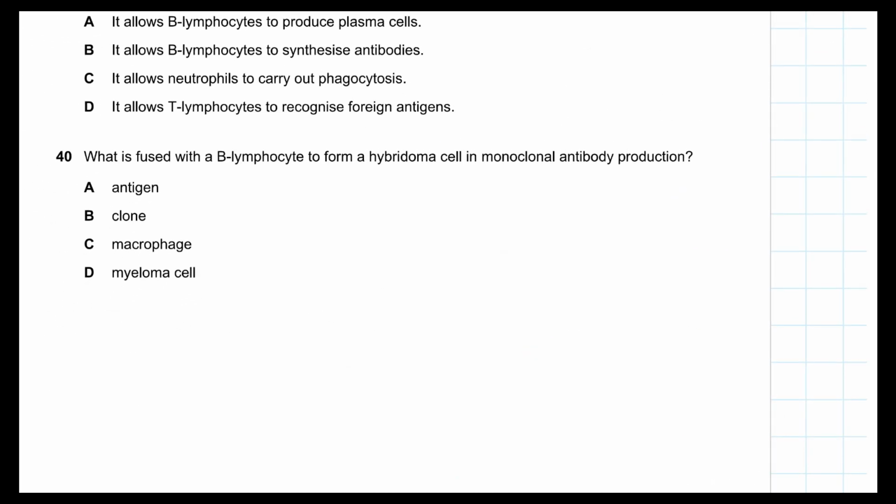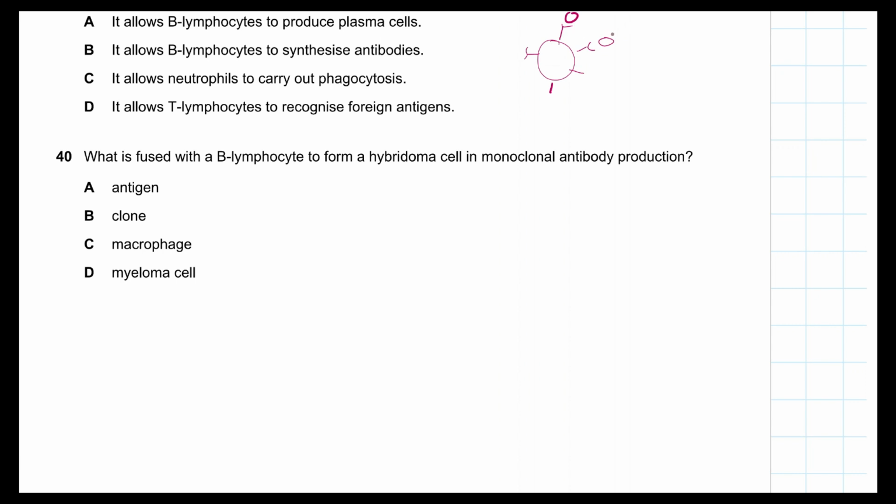Number 39, why is mitosis important in the immune response? Now, what happens when an antigen is first encountered by immune cells? What happens is something called clonal selection. This is identifying which T helper cells are specific to the shape of the antigen that just entered, as well as the B cells which are specific to the shape.